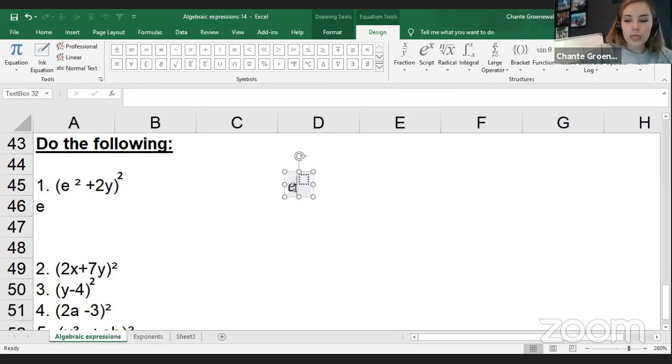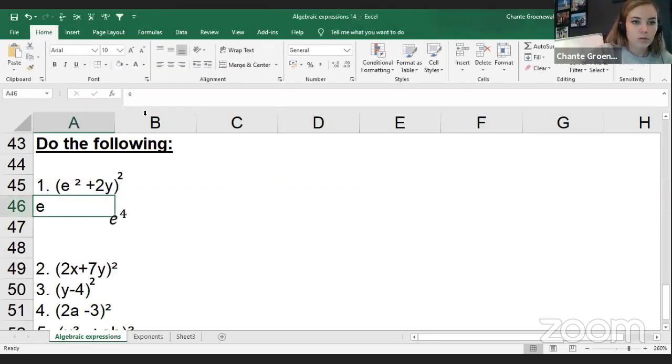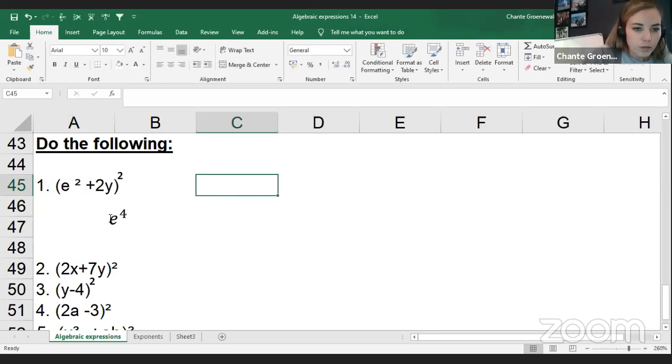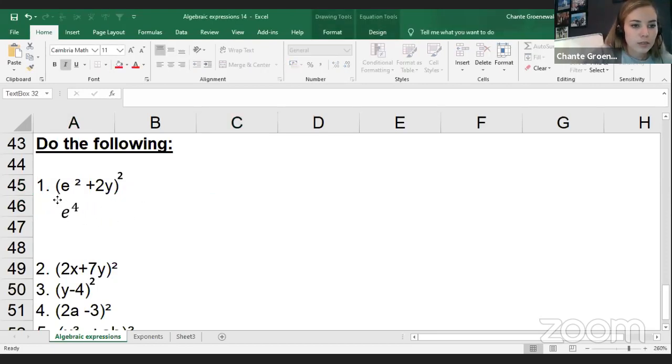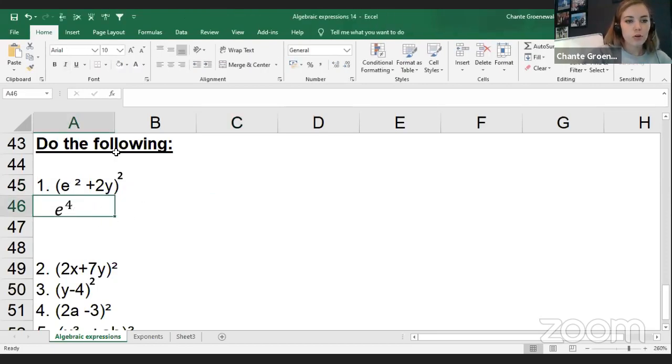It's going to be e to the power of 4. There we go. E to the power of 4. Okay, we have e to the power of 4. Can you all see that? Do you rather want me then to?